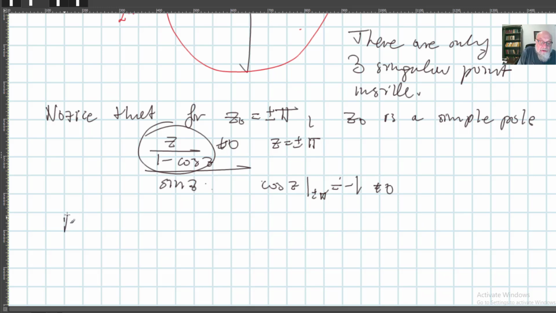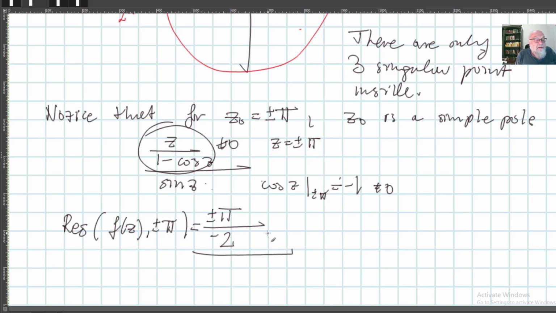If this is a simple pole, then the residue of my function f of z at the point plus minus pi will be equal, so let me substitute, plus minus pi, and here I'm getting 1 minus cosine, so this is minus 2, and everything, not very nice.